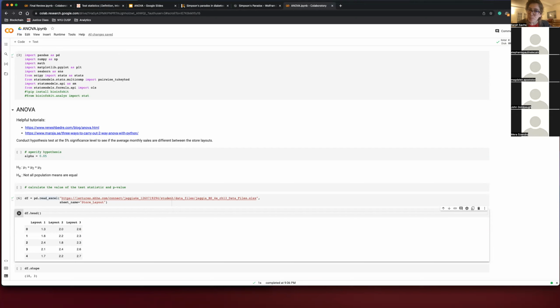I remember reading in that book that if you have a test statistic and you pull it up in the function, it's just going to give you the right side probability from that point.